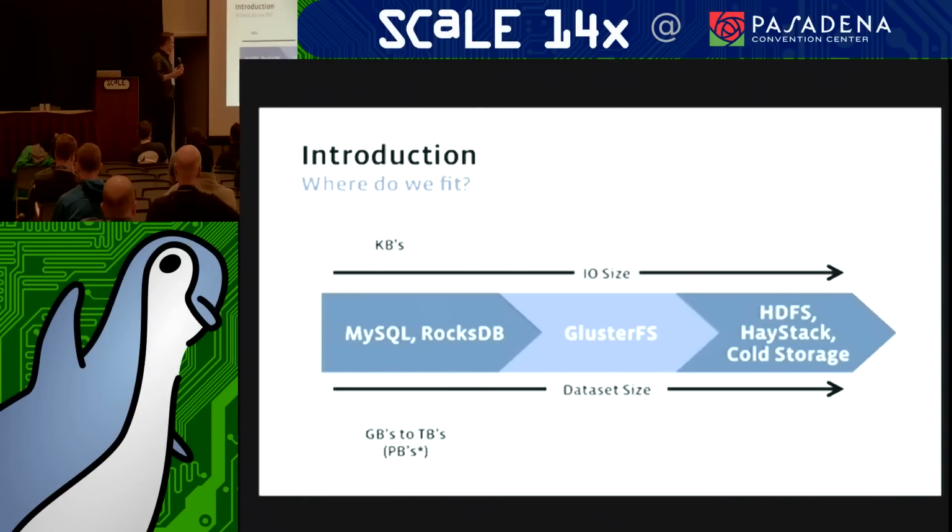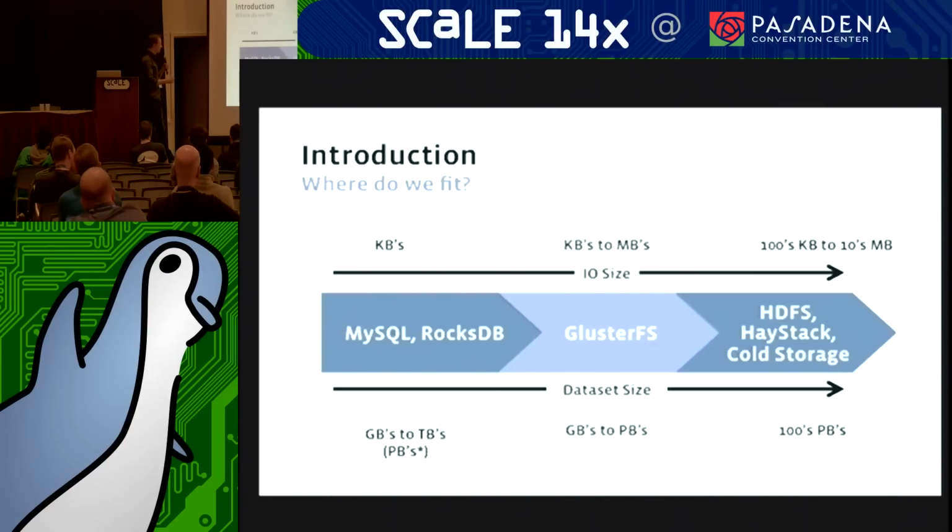Using some sharding magic, these guys can also obviously get into the petabyte range in the case of MySQL. And then you've got us in the middle. We range from data set sizes in the gigabytes all the way into the petabyte range, and our I/O sizes can be anywhere from 4K to 2 megabytes, depending on what request sizes they're using on NFS.